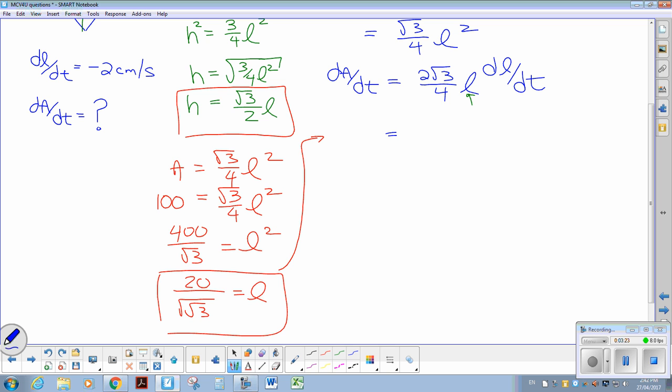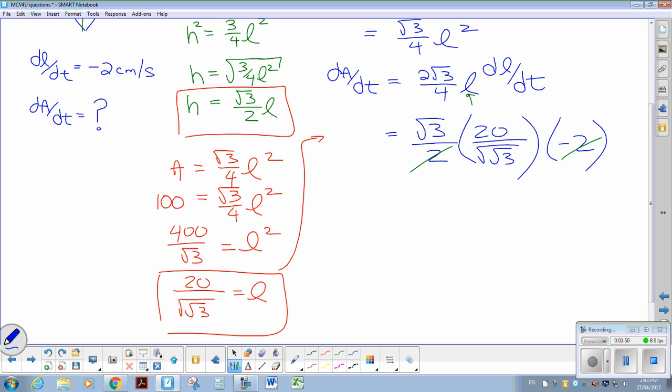So I would have 2 root 3 over 4. Actually, let's simplify: the 2 and the 4 reduce, multiplied by 20 over root 3, and dL/dt is negative 2. You can do a little bit of simplification here.